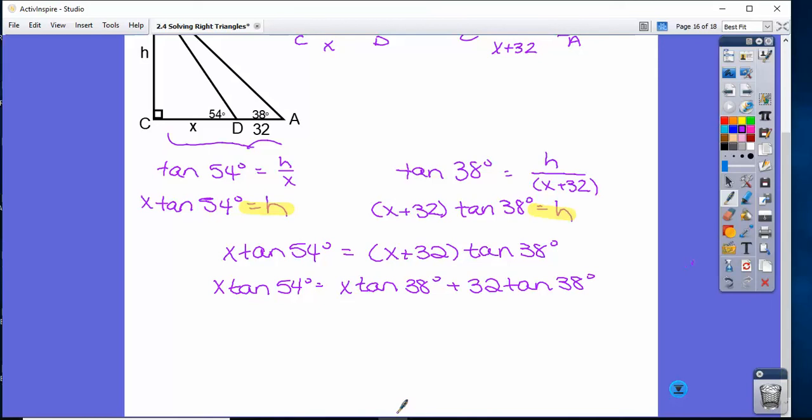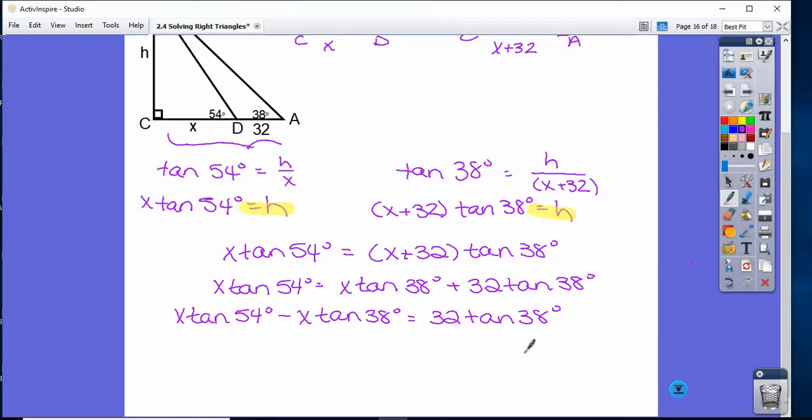From there, how many terms have an X in them? 2 of them, so we need them on the same side. Okay.